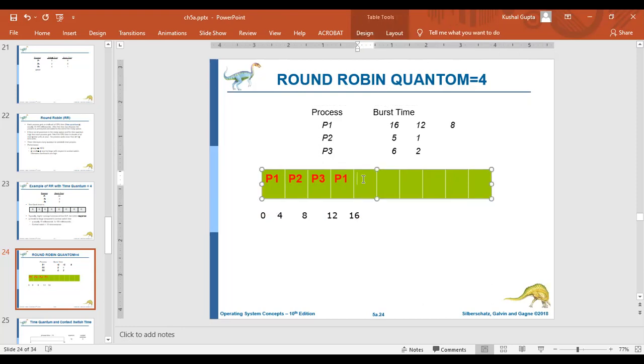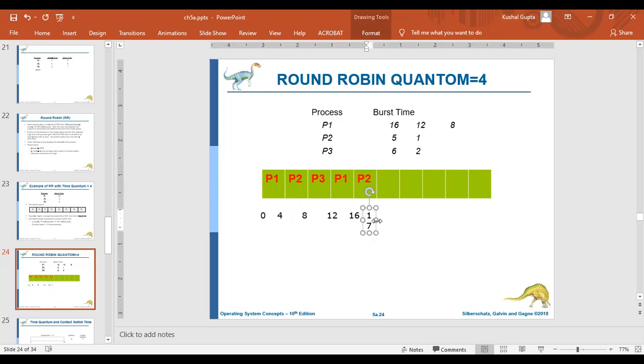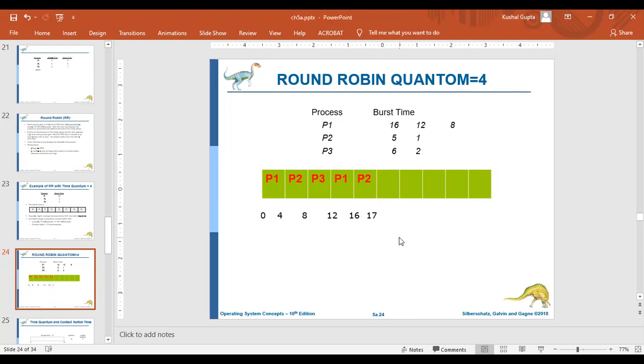Now again P2 will be running. For what time P2 will be running? 20? No, because P2 is only required this 1 unit of time. That's why P2 will be running till 17th only. P2 requires only 1 unit of time now.